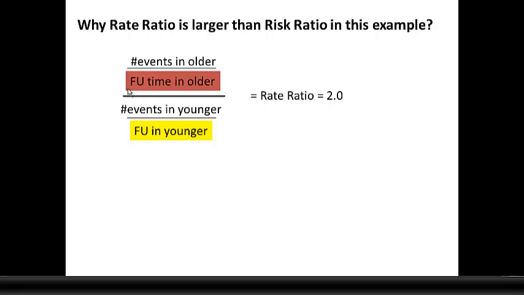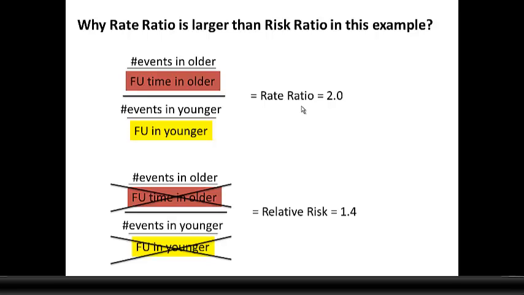By dividing by total follow-up time, you standardize the unit for this rate to be constant for both groups, such as 1 year per patient. Okay, so therefore the rate ratio controls for the differential follow-up time.